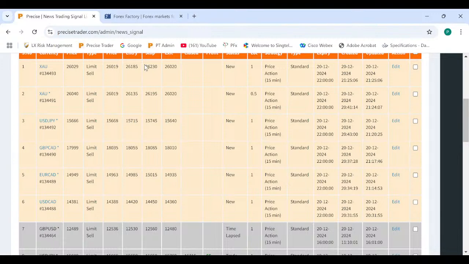The next thing is, if we get an order filled, the maximum we are going to give this trade is 15 minutes.